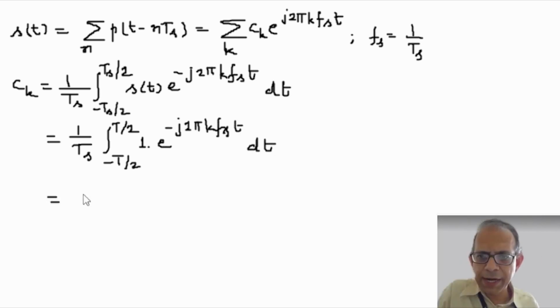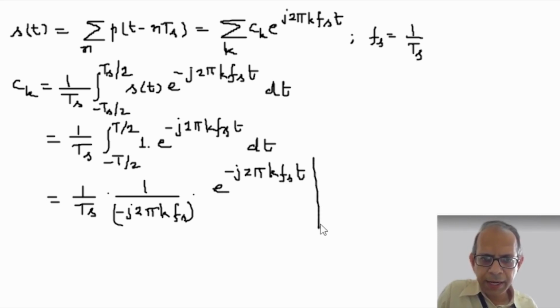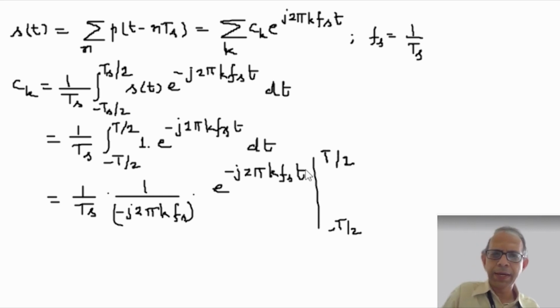dt, which can be simplified as 1 by Ts into 1 by minus j 2 pi k fs into e to the power minus j 2 pi k fs t, with the limits minus T by 2 to plus T by 2.